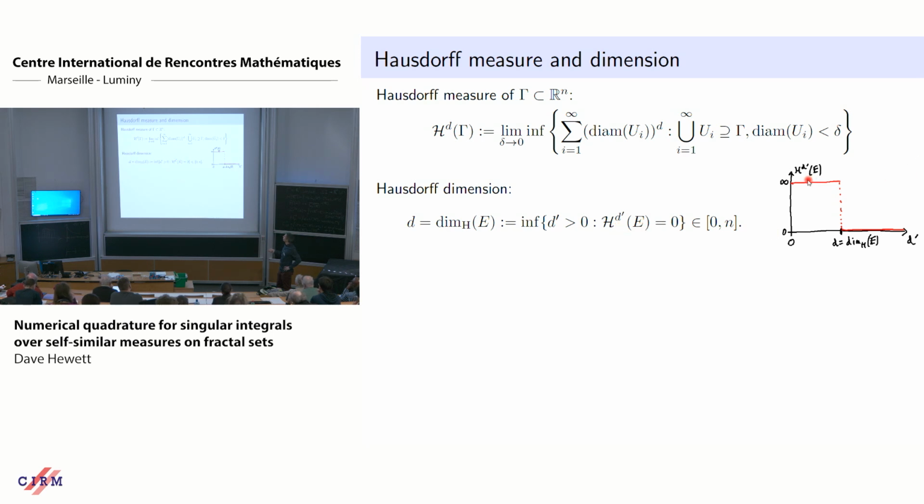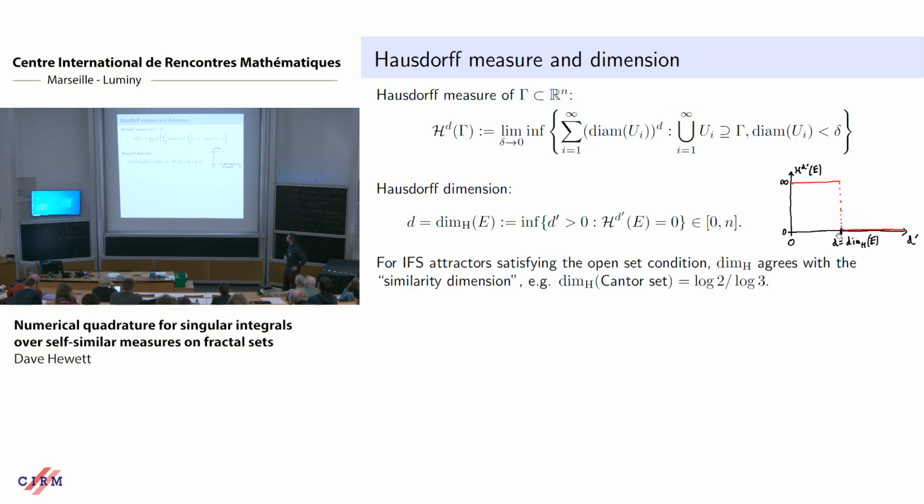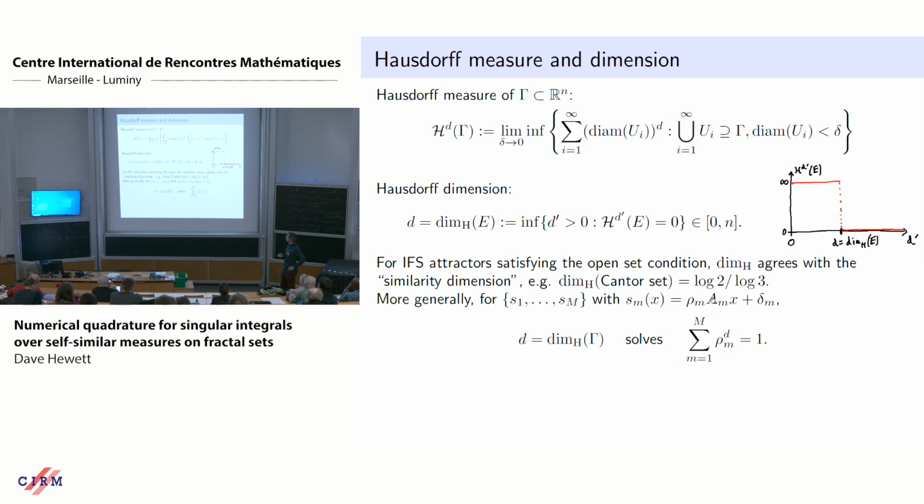So there's this point at which the measure drops from infinity down to 0, and that's the dimension of the set. Okay, and as Simon's already mentioned, for IFS attractors satisfying the OSC, that's the case we're considering, this dimension agrees with the similarity dimension. So, for instance, log 2 over log 3 for Cantor's set, and more generally with this framework of IFS here, the dimension solves this equation that Simon already showed.